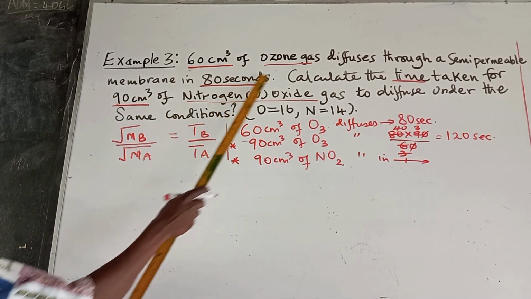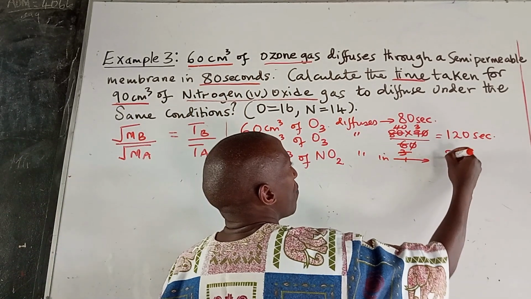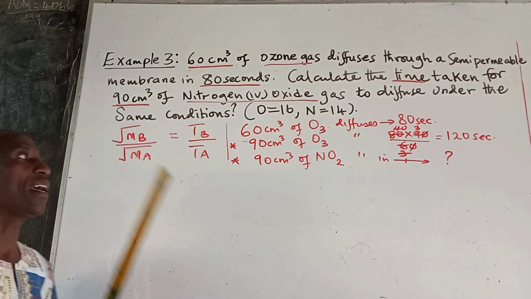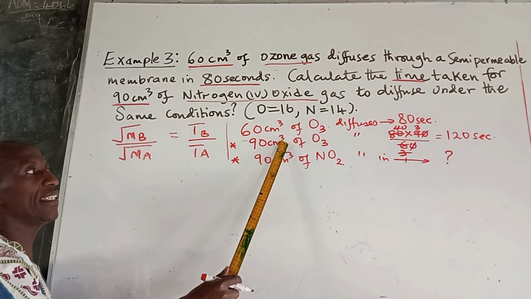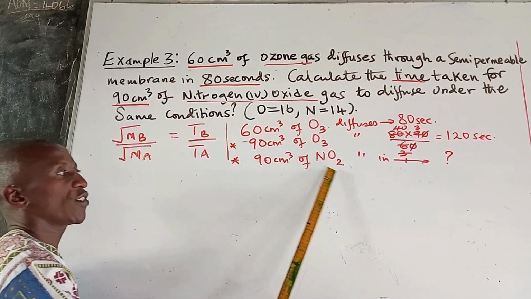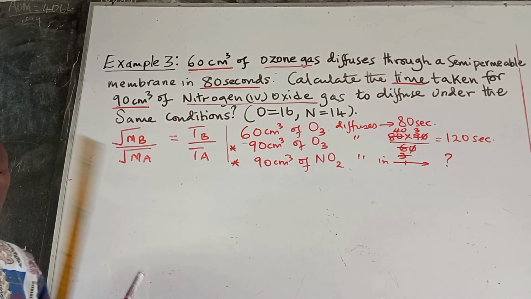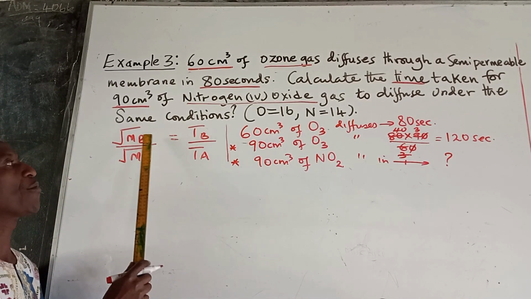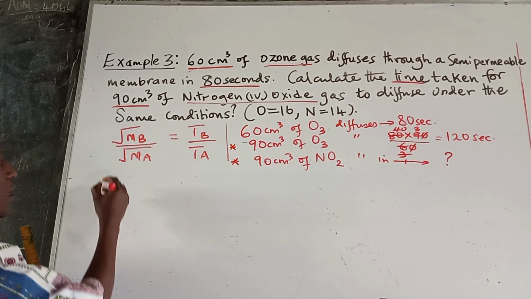We are told to calculate the time taken for that, so we shall have that as our question mark. That way, we shall be comparing equal volumes, 90 of the ozone and 90 of the nitrogen 4 oxide. With this one, we have some items that we know. We know their molecular masses.